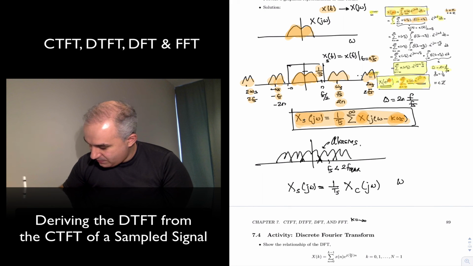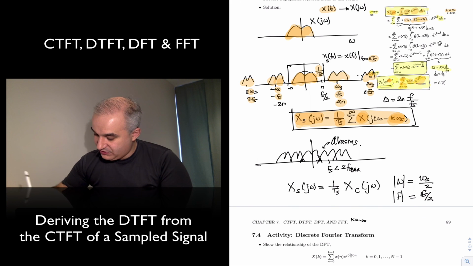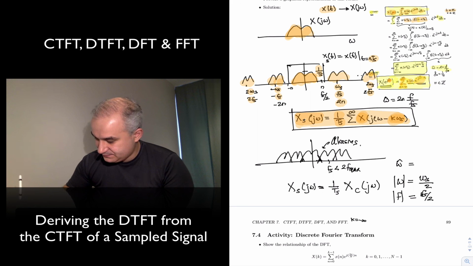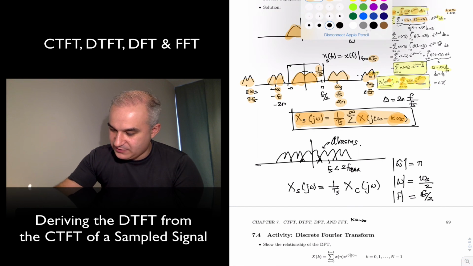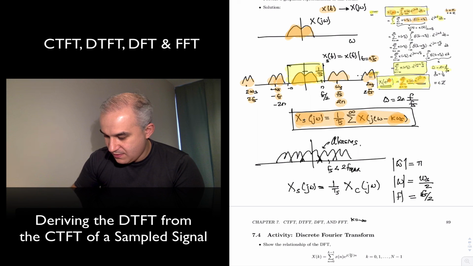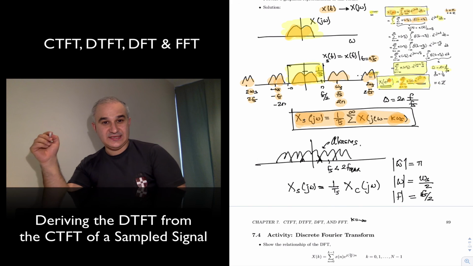For omega equals absolute value, omega sampling over 2, or f, if we put it in the function of f, sampling fs over 2, or if you were to put it in the function of omega hat, for this absolute value 2 pi, meaning 2 pi over 2. They're saying that over here the spectrum that you have is identical to the original spectrum multiplied times 1 over Ts.